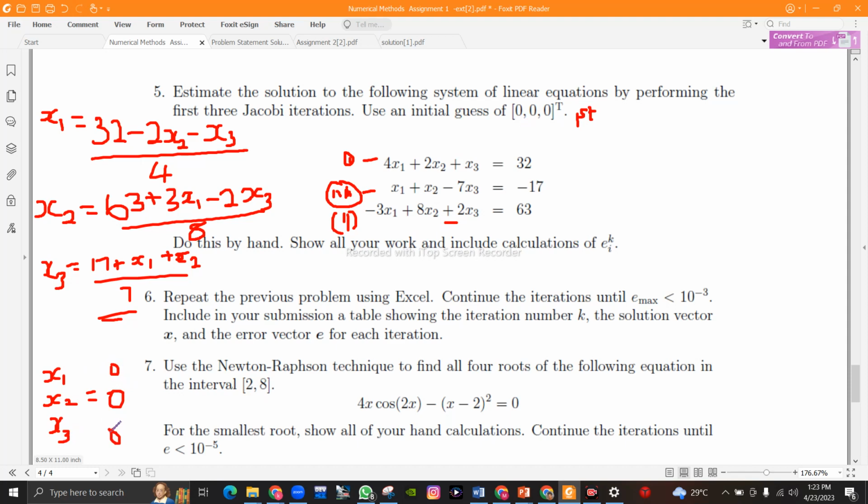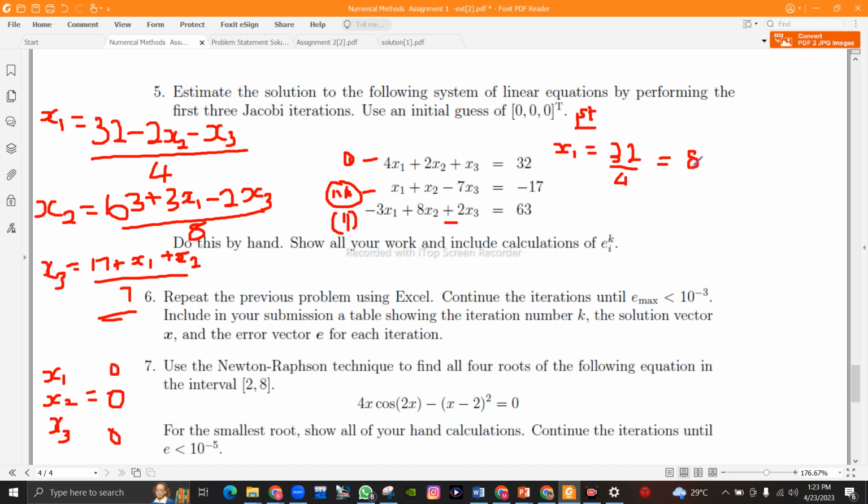So from there, you can take first iteration, which is our x1 equals (32 minus 0) divided by 4, that is 8.